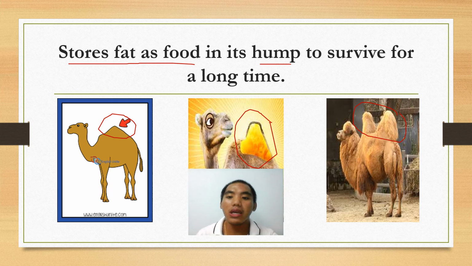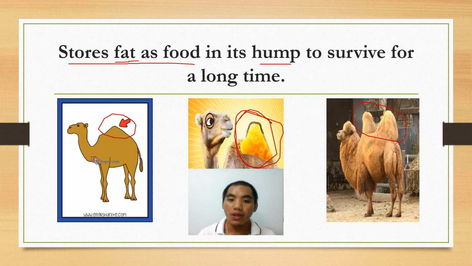So a camel can live in the desert for a long period of time without eating and drinking water because they got a hump at their back wherein they store their food. This is full of fats, and these fats serve as their food.